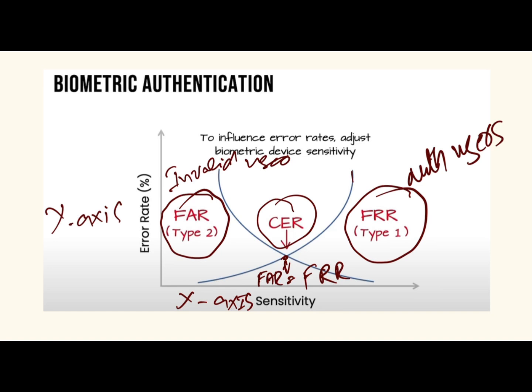So I recorded this session very slowly. I wanted to make sure that we understand this concept, what CER is, what FAR is, and what FRR is. And you may see this diagram in your CISSP book while preparing for the exam.